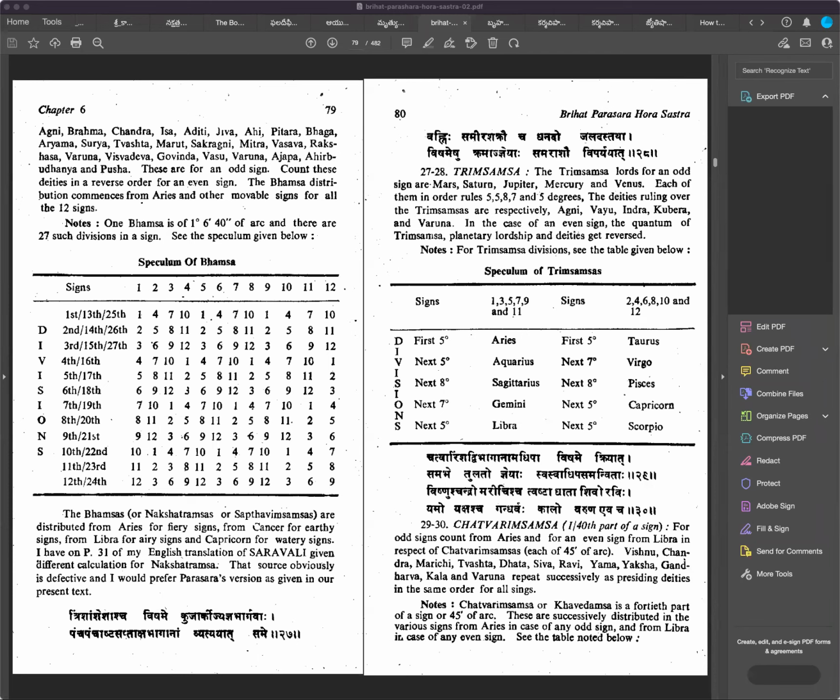Yes, sir. Trimshamsha is a very big subject. Long back, around 3 or 4 years back, my guru used to teach a lot of things in Trimshamsha, because Trimshamsha deals with your 6th house in the D1 chart.